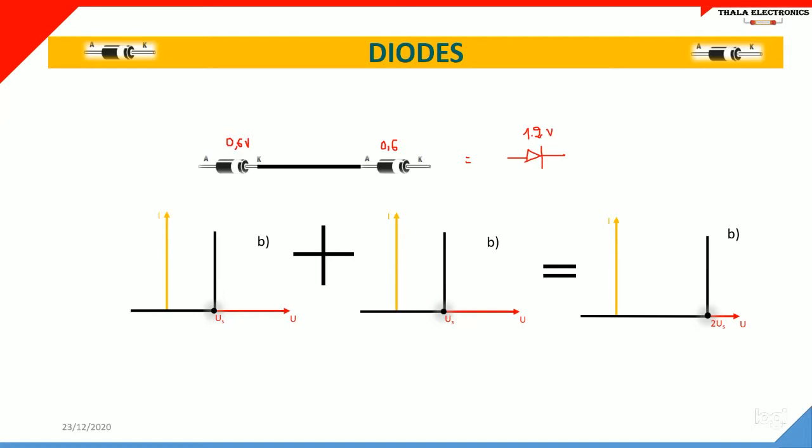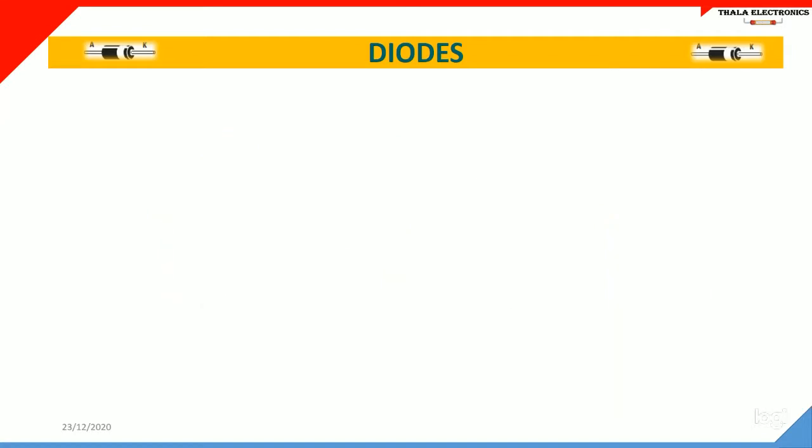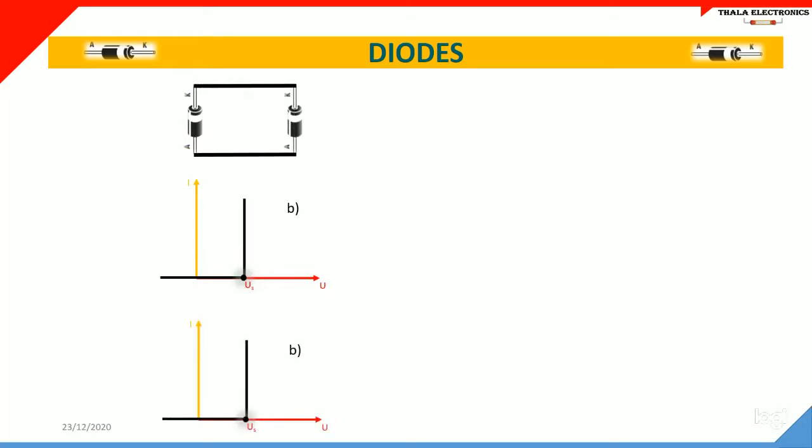And when we have two diodes connected in parallel, with the same threshold voltage of 0.6 volt each, the result is a diode with 0.6 volt.